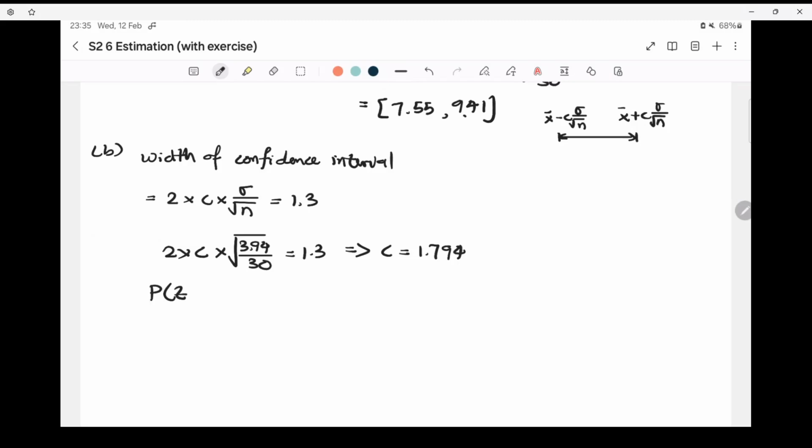P(Z smaller than C) is equals to P(Z smaller than 1.794), and you can read this from the table.